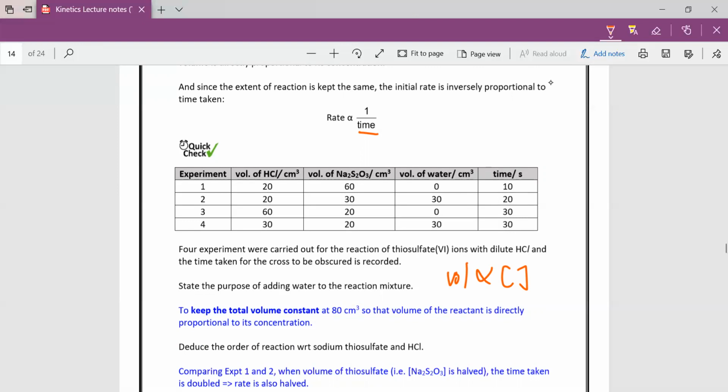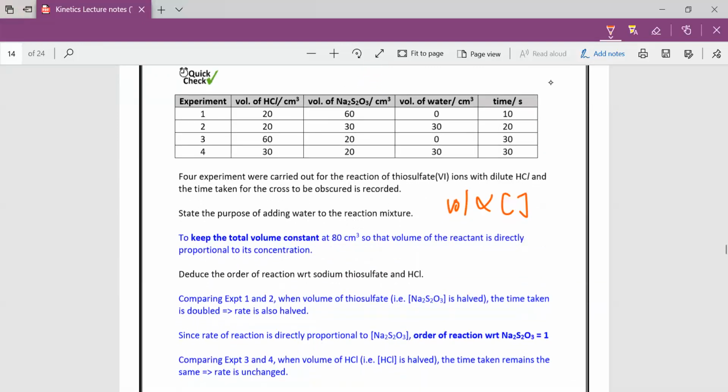So when we compare experiment 1 and 2, keeping HCl constant, when we double the volume, what happens to the time taken? The time taken is half, which means that the rate is also double when we double the concentration.